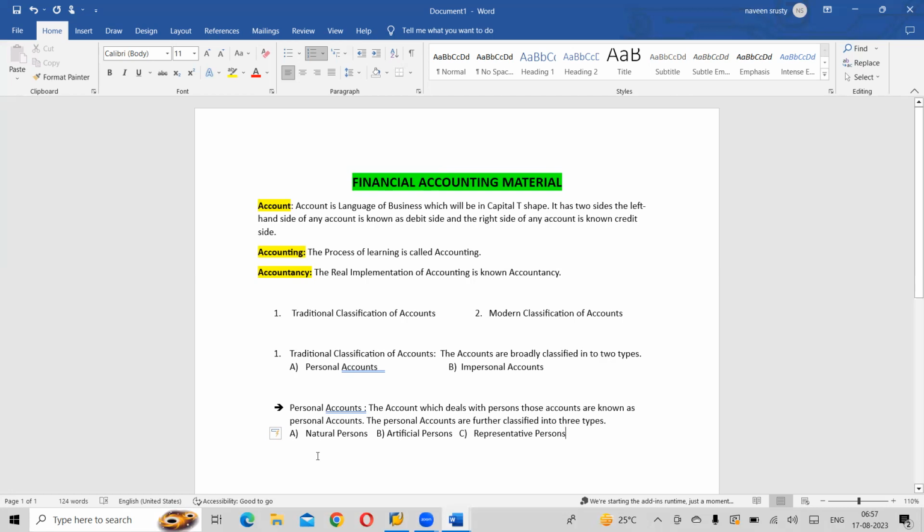So these are the three kinds of persons as per personal accounts. So what do you mean by a natural person?